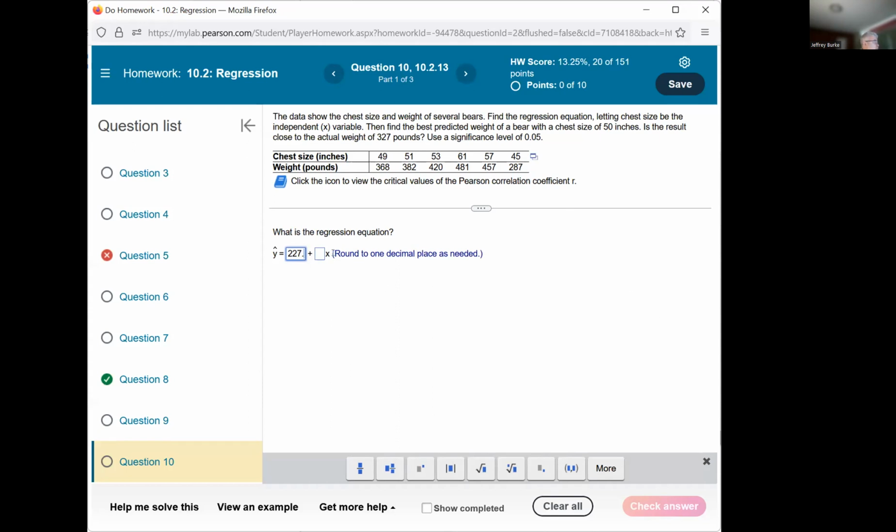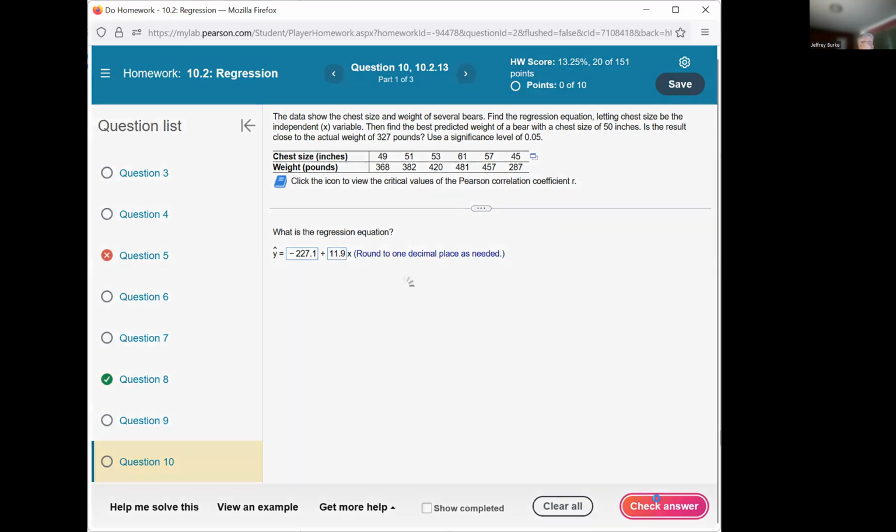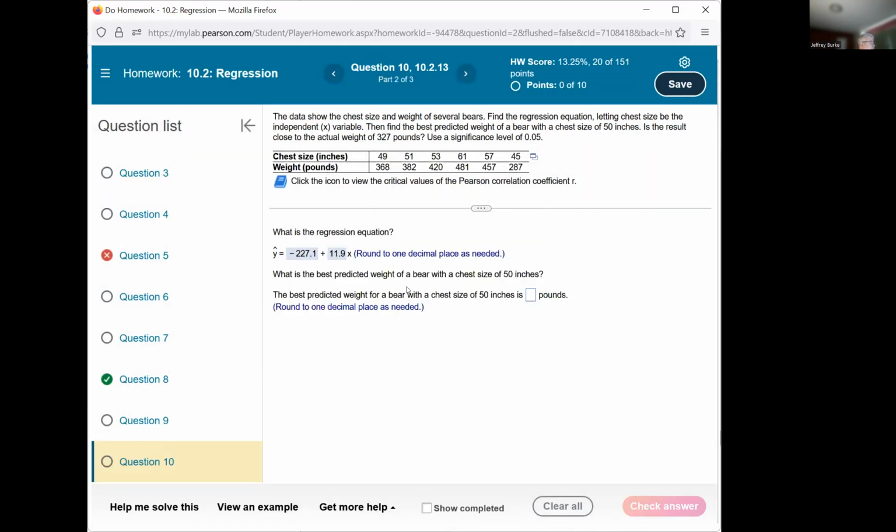Oh, it's going to be negative 227.1. Then 11.9. And watch out for negatives on that little part. Pick answer. There we go.